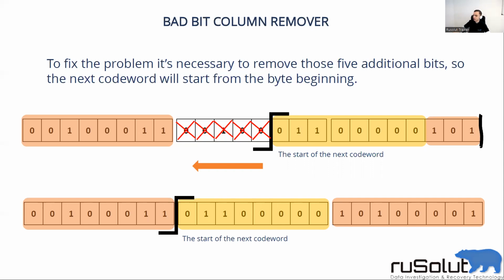The main thing is that in such cases you will need to define a page structure before bad bit removal, but I think for advanced users like every one of us, that's not a big problem.